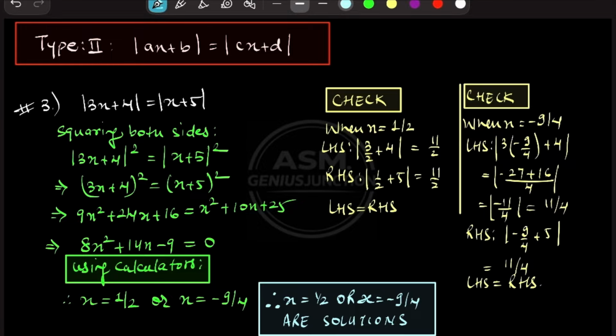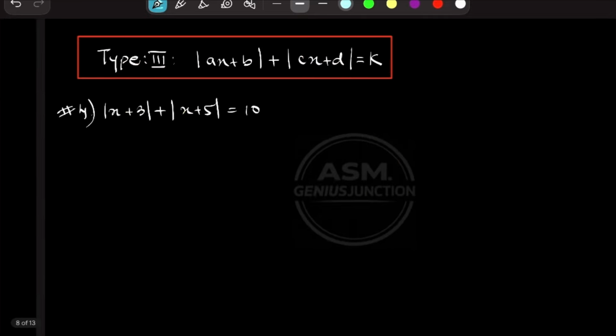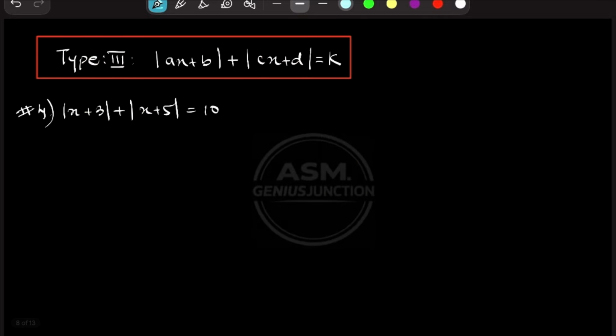Okay, you can pause the video and take screenshots of these solutions. Moving further, type 3. Now, what type of questions are there in type 3? How is this different from type 1 and type 2 which we have done earlier? Let's see.